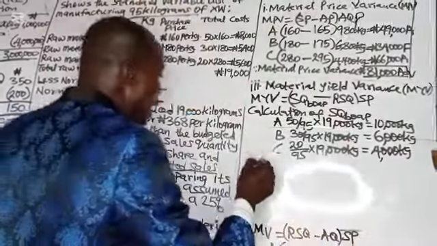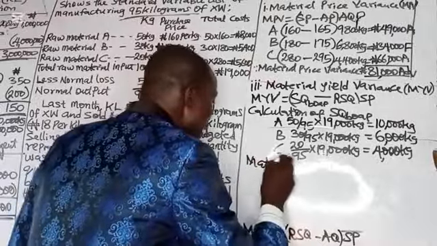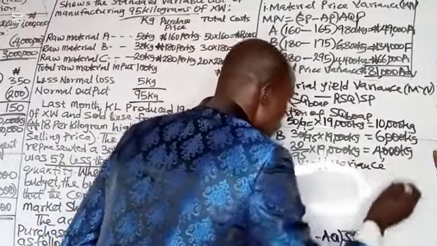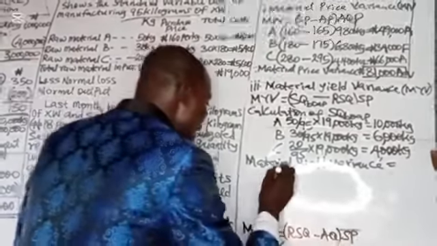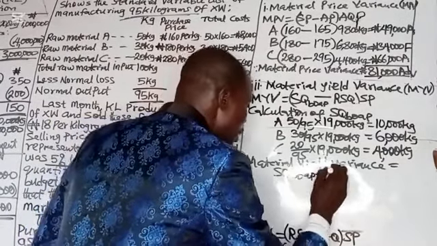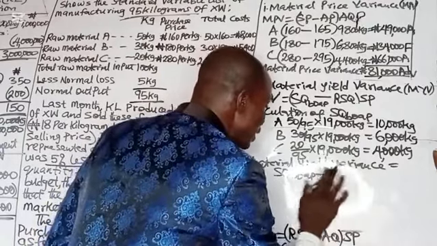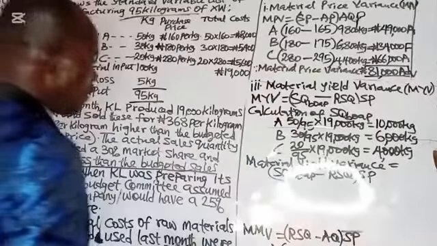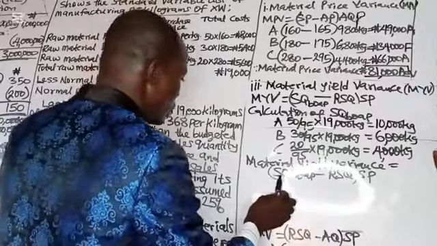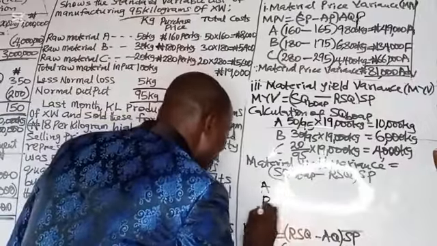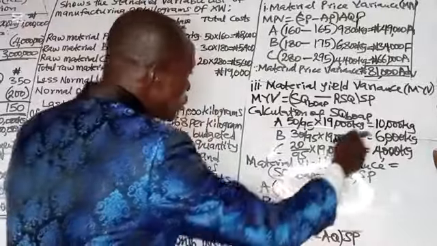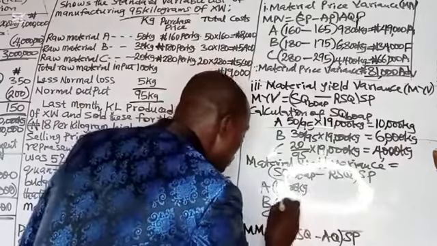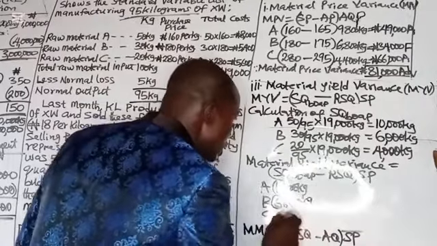Now let's substitute into the formula. Material yield variance equals standard quantity based on actual production minus revised standard quantity multiplied by the standard price. Standard quantity based on actual production for A, B, and C: 10,000 kg, 6,000 kg, 4,000 kg.